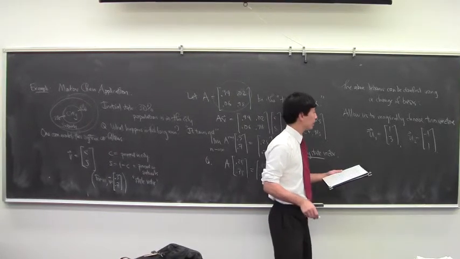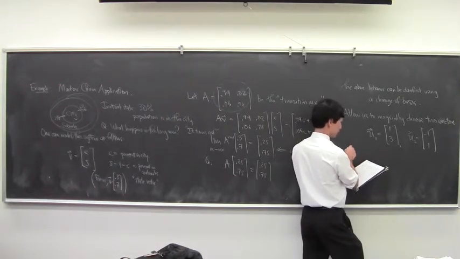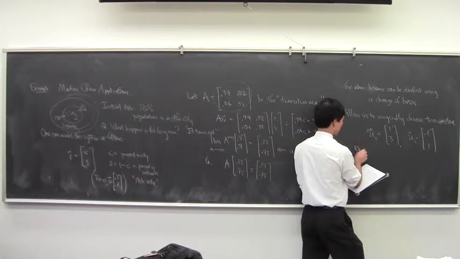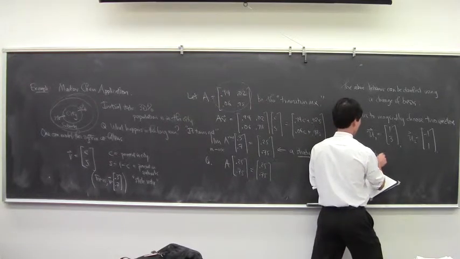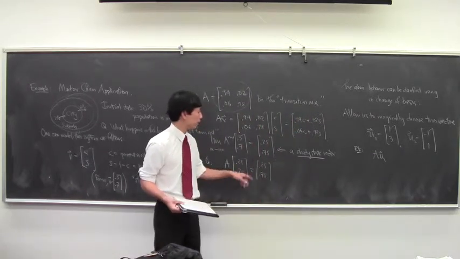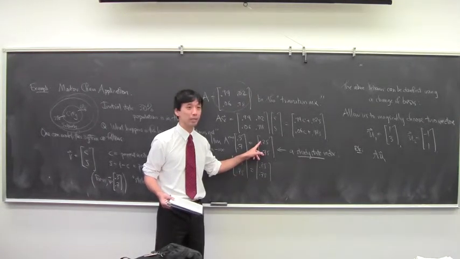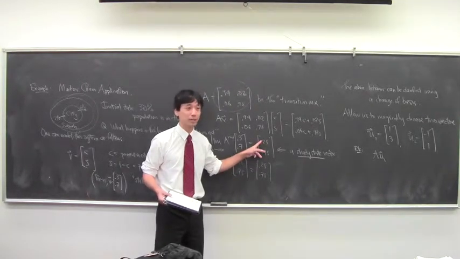Okay. What's good about these vectors? If we look at A times u1, well, u1 is just 4 times the steady state vector. So u1 is just a multiple of the steady state vector, and so it itself is also a steady state vector.